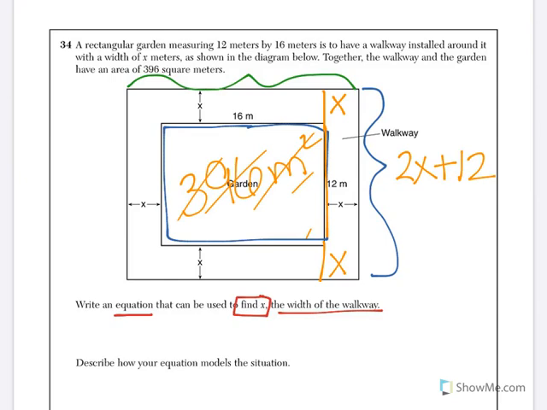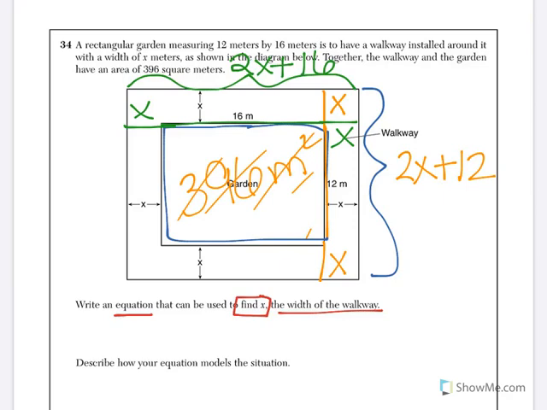Using that same logic for the length, if we have a side of the garden as 16, and the walkway has sides of length x, and there are two walkways to consider on either side, then the length together would be 2x plus 16.